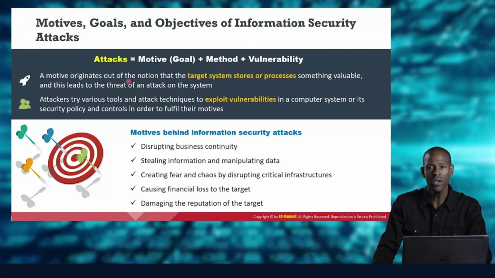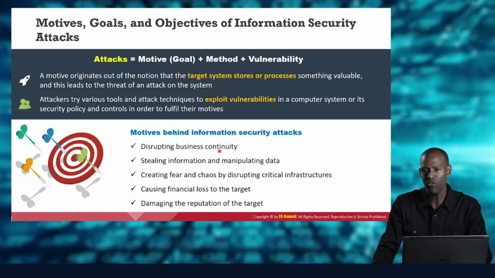So the motive originates out of the notion that the target system stores or processes or contains something valuable, and so the attackers want to have at it. So those attackers want to exploit the vulnerabilities in the system. And what are the motives? They just might want to break that business.